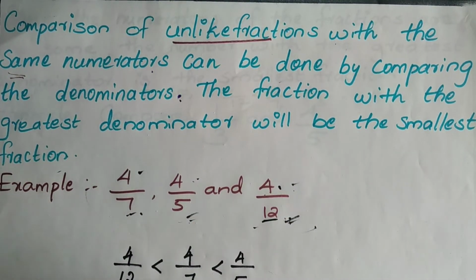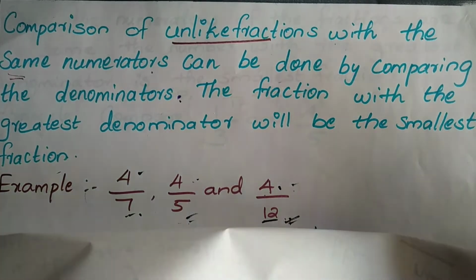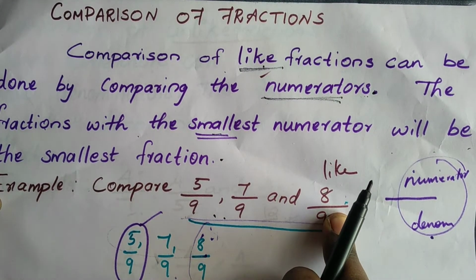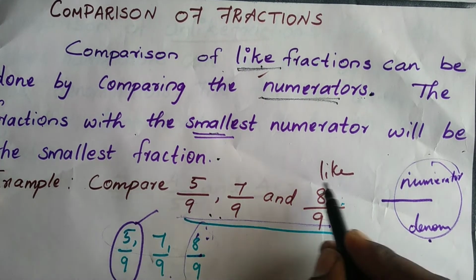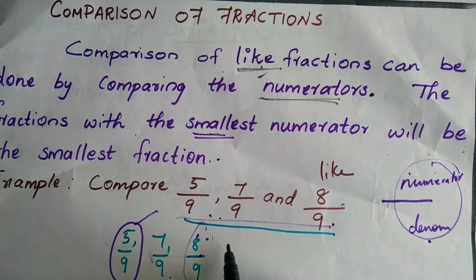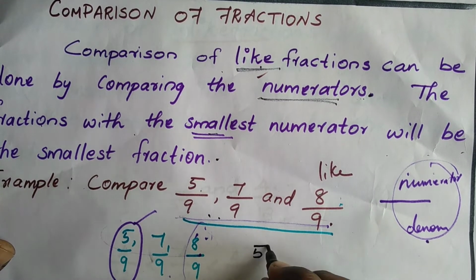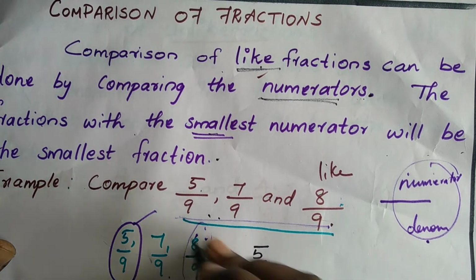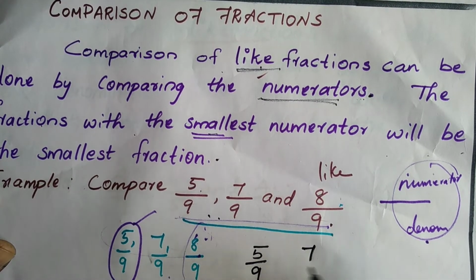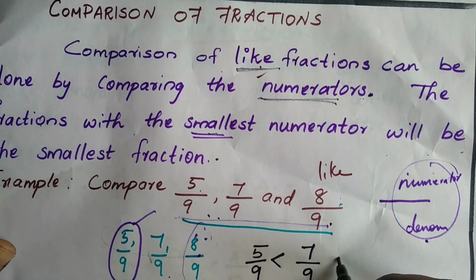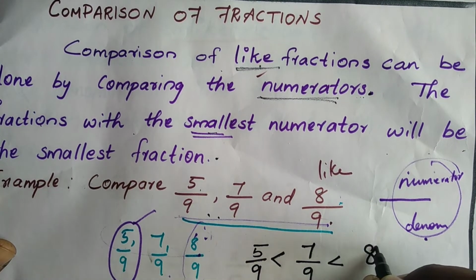What we learned before: if the denominators are the same, the fraction with the smallest numerator is the smallest fraction. Here 5 is smaller, so 5 will come first. Next smaller is 7. So 5 by 9 is less than 7 by 9, less than 8 by 9.